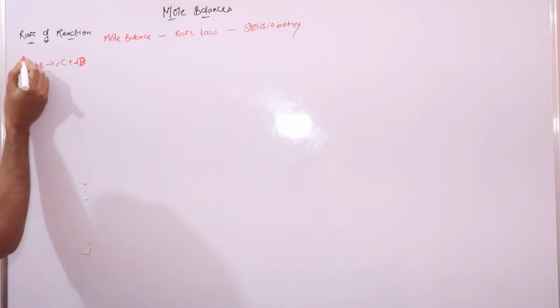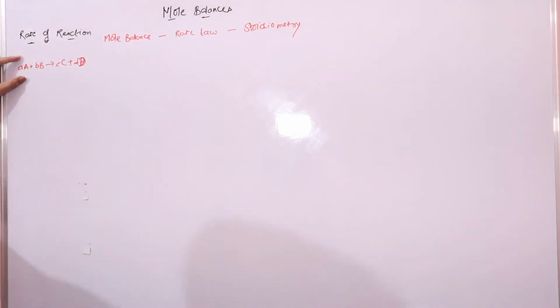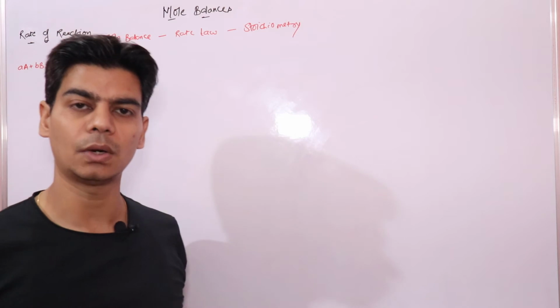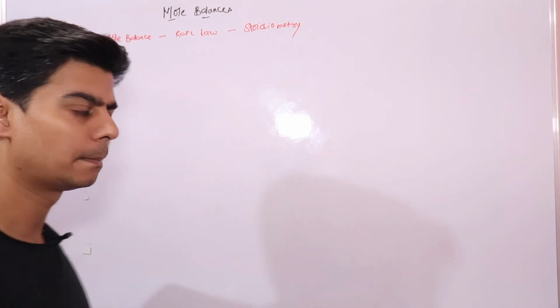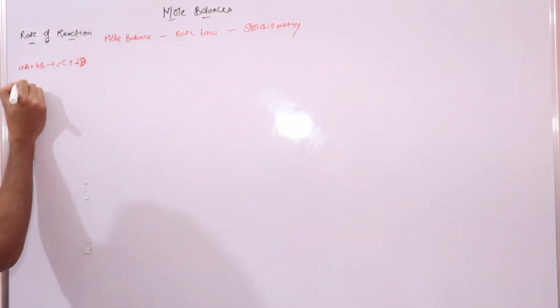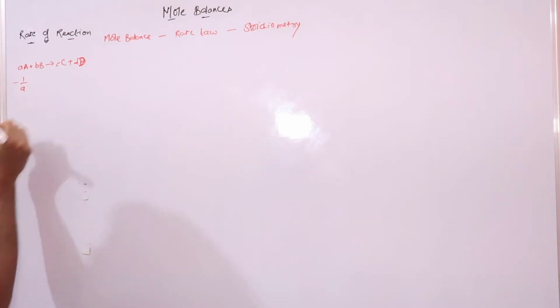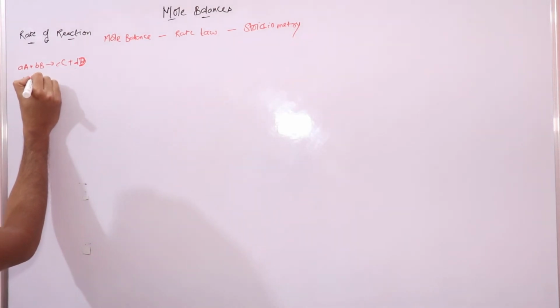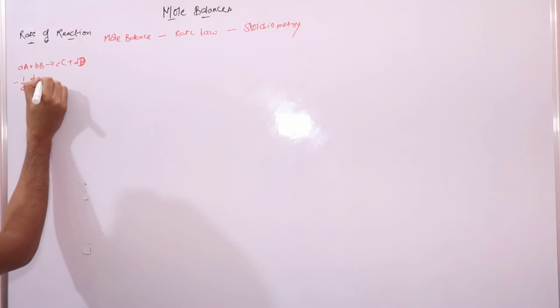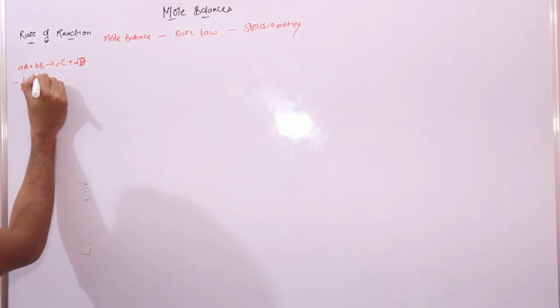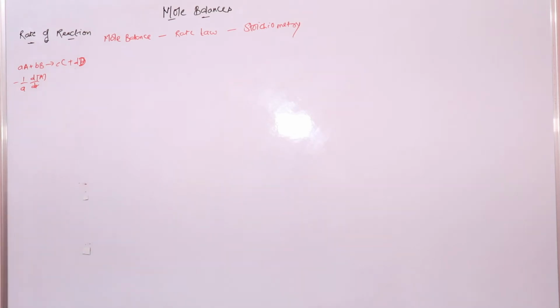So if you want to define the rate of reaction in terms of this reactant A, we know that as the reaction proceeds, the concentration of reactants will go down and the concentration of products will increase. So the rate of reaction would be minus 1 upon a, d[A] upon dt, the change in the concentration of reactant A. This is what it means.